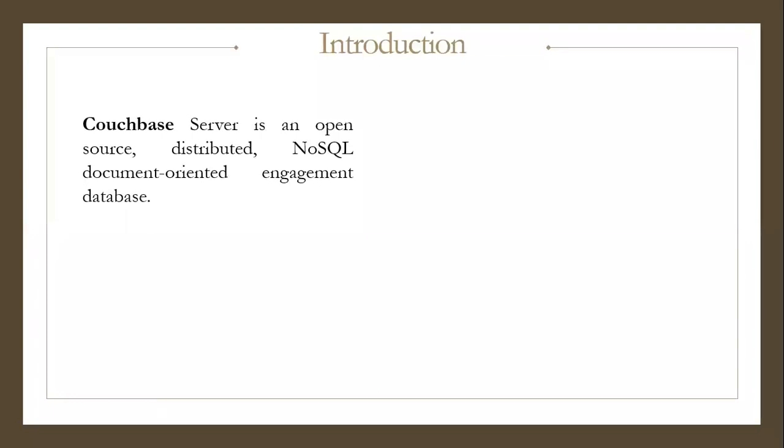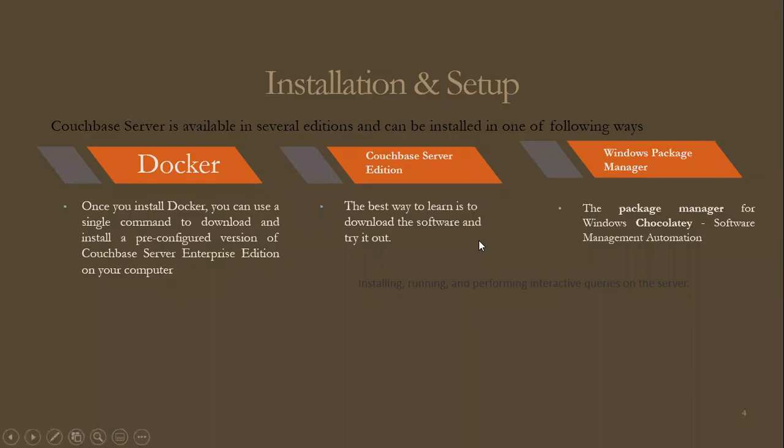Some of the services provided by Couchbase server are included in the community server also, but still the enterprise edition is provided also. Okay, so as I was discussing, there are multiple ways of installation.